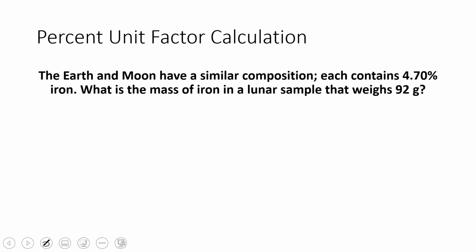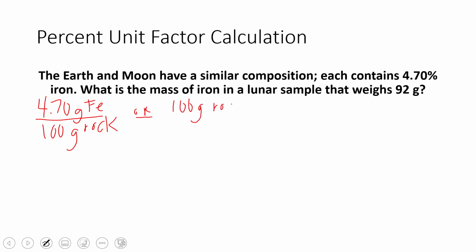So in this example problem, it says the Earth and the Moon have a similar composition. Each contain 4.70% iron. So we're going to go back and write our 4.70 grams of iron over 100 grams of rock. Or, remember, we could write it as 100 grams of rock for every 4.70 grams of iron.